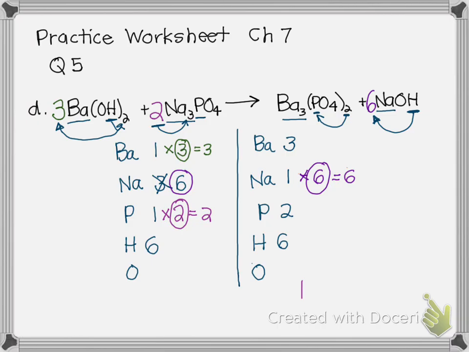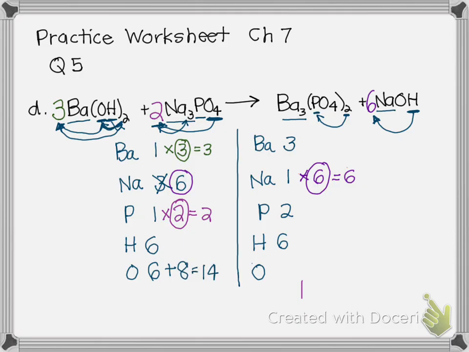Now let's do the oxygens. On the reactant side, there's 2 in this formula, 2 times the 1, but then times 3 again. So there's 6 from the first formula, and in the second formula, there's 4 in the formula, but I have to multiply it by 2 because I put a coefficient, so there's 8.